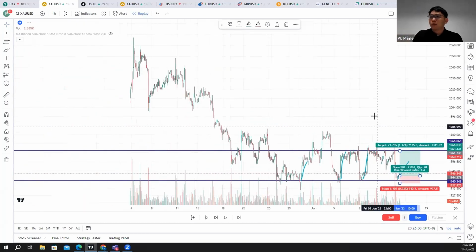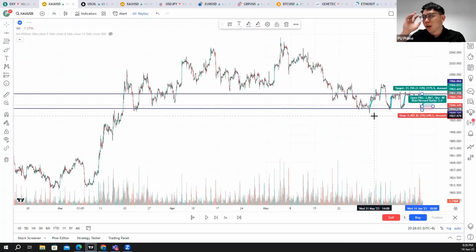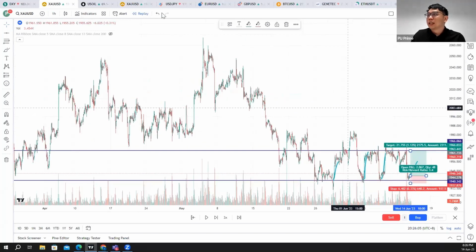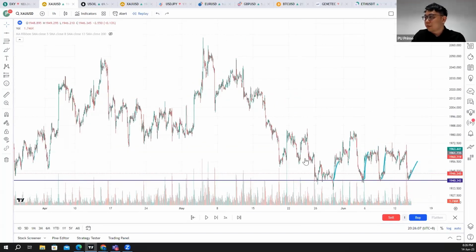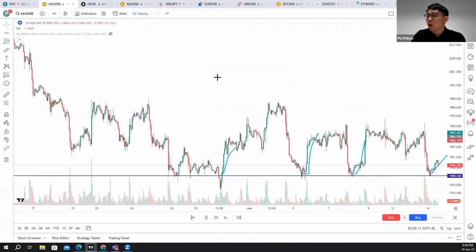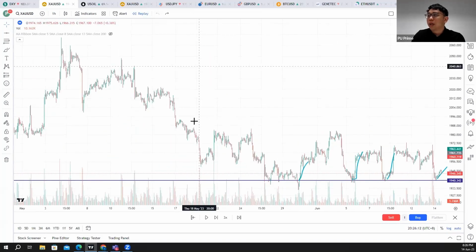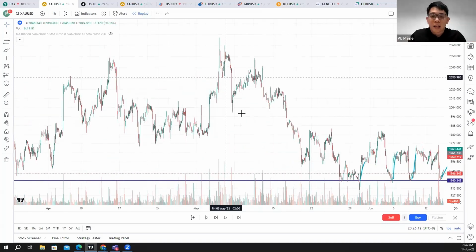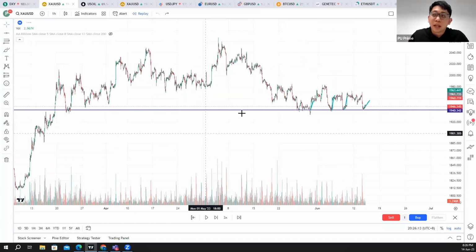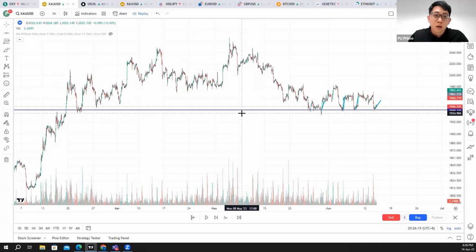But if you look at the macroeconomic side, we can see that actually the trend for the gold will not be strong. Why? Because now we know that the S&P, the Dow Jones, and Nasdaq are so strong. People might rush into this and focus more on the equity market.